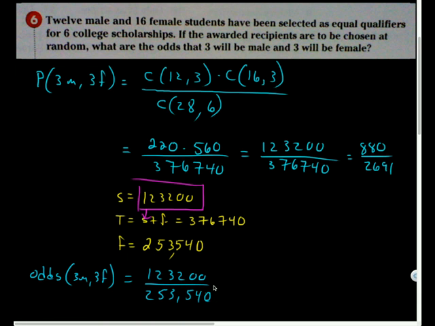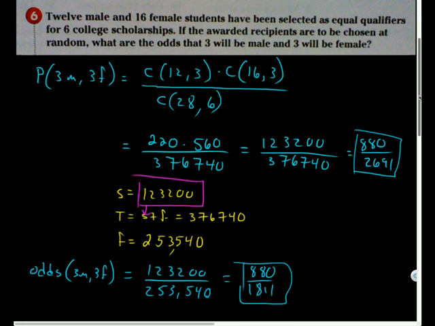And then I could reduce that as well. 123,200 divided by the second answer, math frac, and I get 880 over 1811. So here's the probability, here's the odds. Also, I want to point out that if I just subtracted 880 from this denominator, it would have given me this one here as well. And sometimes in a problem like this, writing it as a decimal or percent can be somewhat more interesting, perhaps. So there's the setup for that problem.